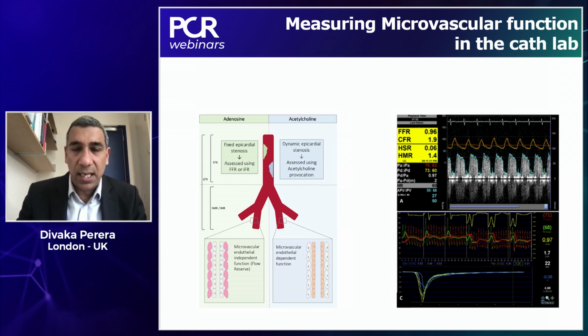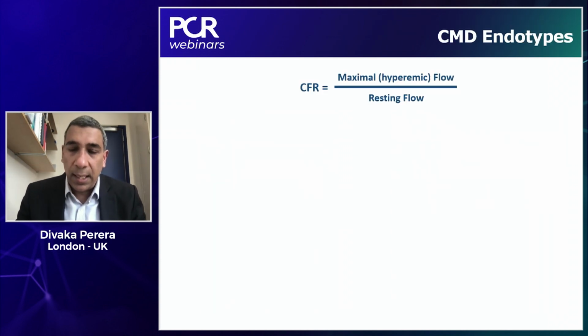And for that, the agent that we use is acetylcholine. And again, a little bit more of that later, but acetylcholine is used to assess dynamic changes in the epicardial artery, which will be covered in a different seminar, and also to test dynamic microvascular function, which we will talk about later.